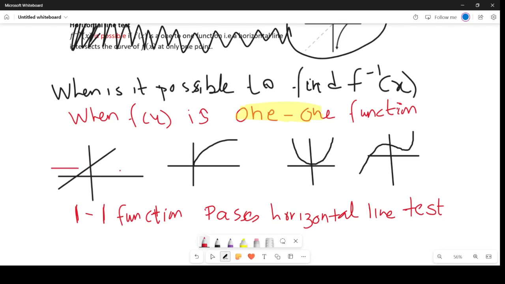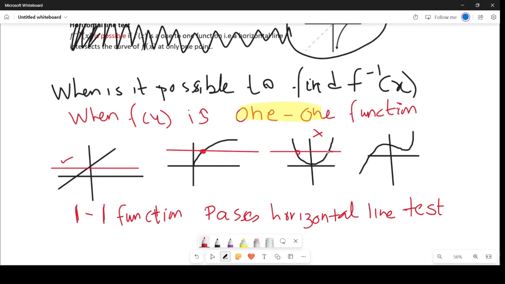Here, wherever you draw a horizontal line, it will cut your curve at only one point. So this one has passed the horizontal line test. This one has also passed the horizontal line test. It's only intersecting here. This one fails the horizontal line test because it's intersecting the curve at 2 points.